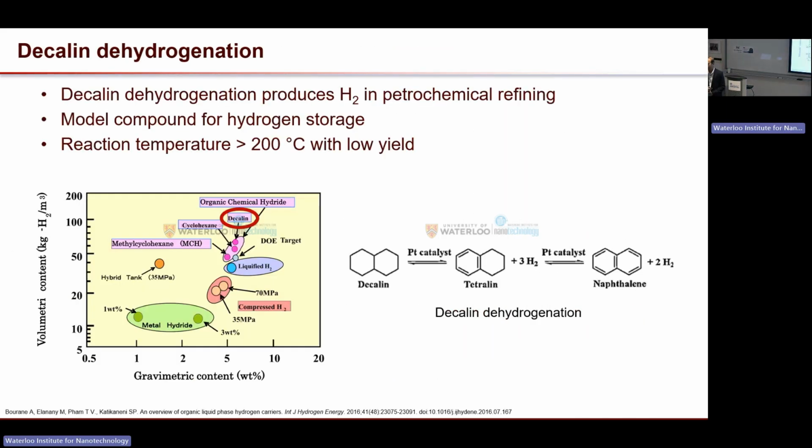So one problem that one of our sponsors was interested in is this hydrogenation or dehydrogenation reaction. This is useful in many petrochemical refining applications, but also hydrogen storage. And in this particular case, if you look at Decalin, so this is two cycloalkane rings, and then you dehydrogenate, so you get naphthalene and hydrogen, but the reaction doesn't go to completion.